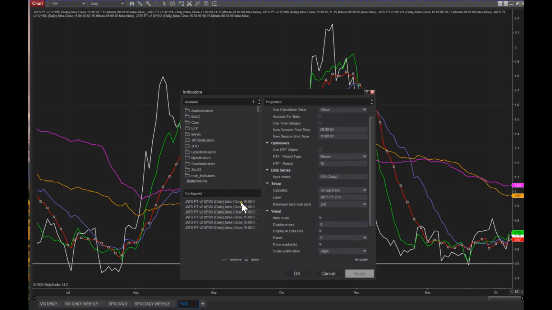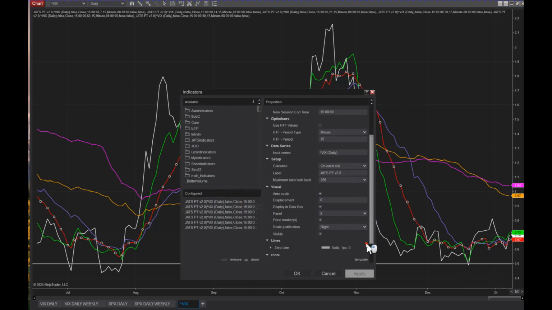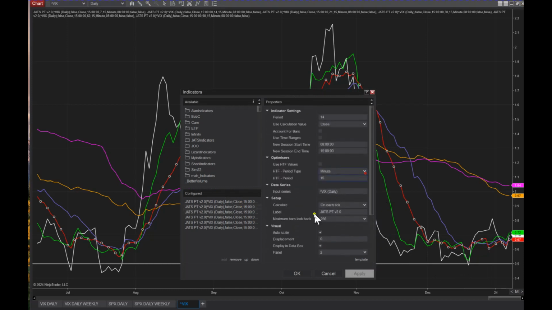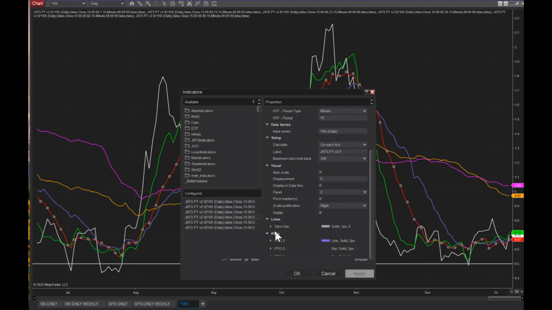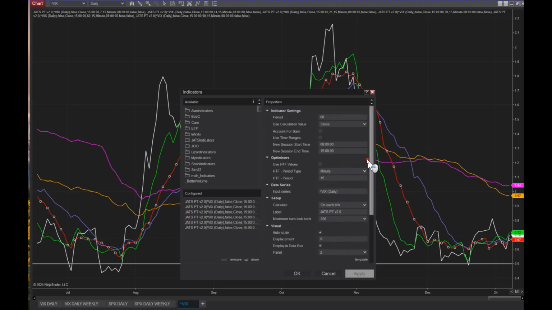And the green is 14, and the white is 7. And then we're coming down to the purple, which is 30. The orange is 60. And the magenta is 90.